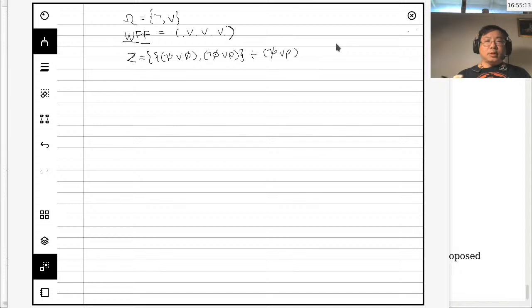Well, the number of symbols in alpha is finite, especially when we are considering just the variables. Let's consider the case where we have 5 variables, so we have p, q, r, s, t as our variables. The Greek letters are not really used as variables, they're used as placeholders for an expression.